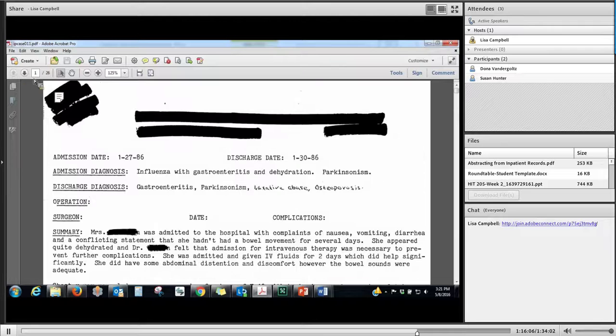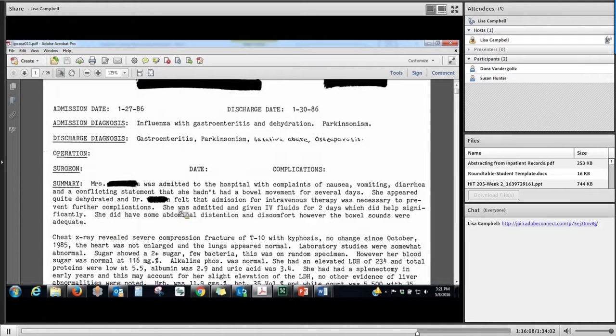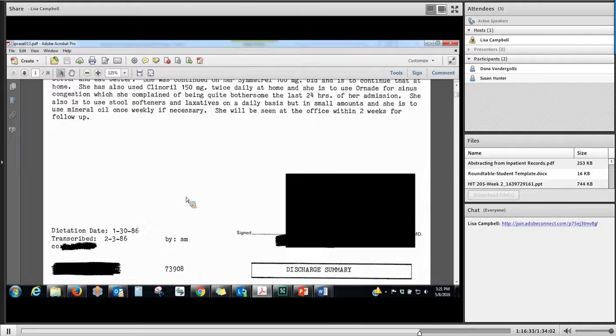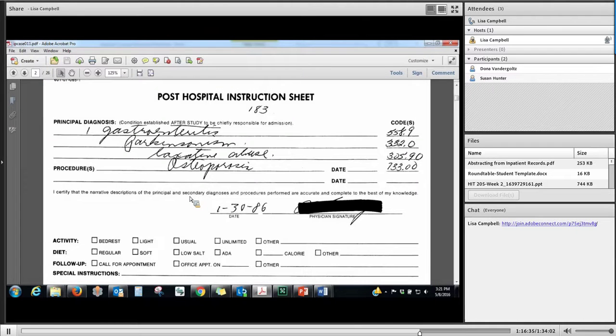Go back to your discharge summary. She was admitted and given IV fluids for the last 2 days. Why was she given IV fluids? Because she was dehydrated. The other thing you probably are thinking, your wheels are probably spinning, am I going to assign the PCS code for the IV fluids? And the answer is no, because it's captured by the hospital charge master. Okay, so let's continue. We got this post-hospital instruction sheet.